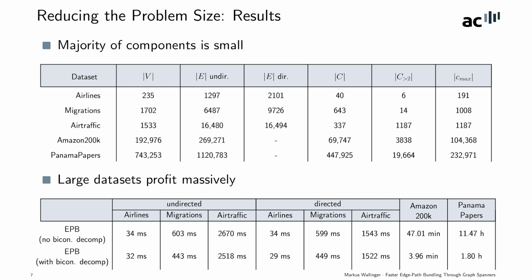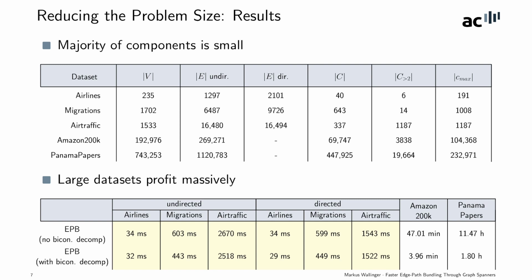Now, when looking at the runtime of edge path bundling and edge path bundling with the biconnected component decomposition, we can make 2 observations. The smaller datasets profit from the biconnected component decomposition, and in all instances the runtime was reduced.